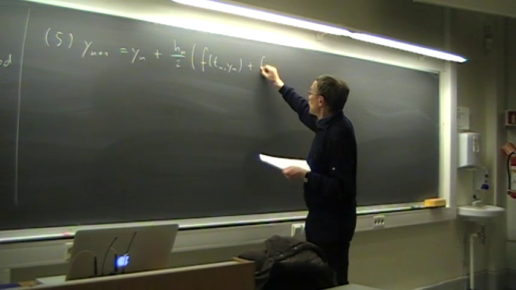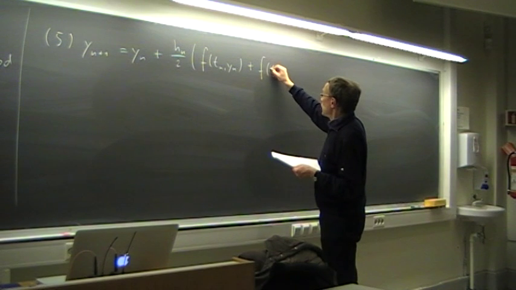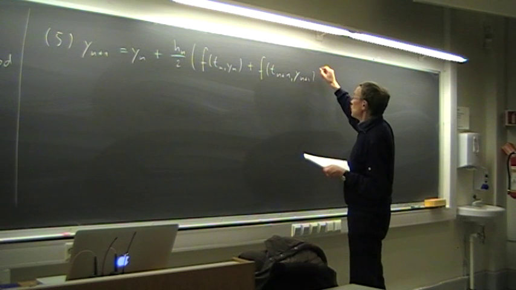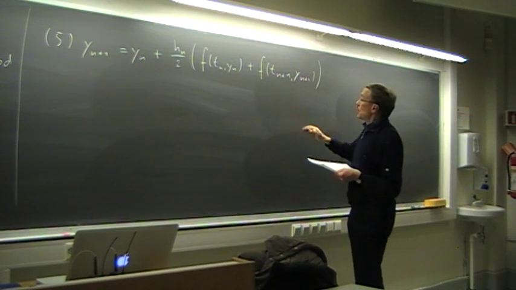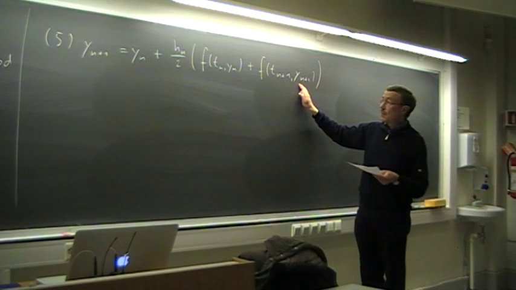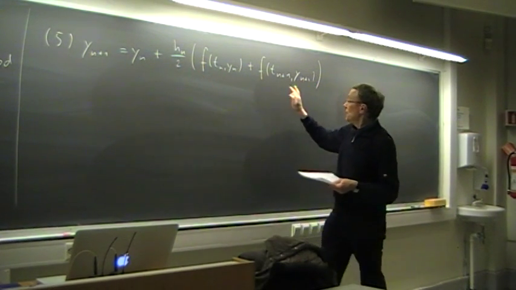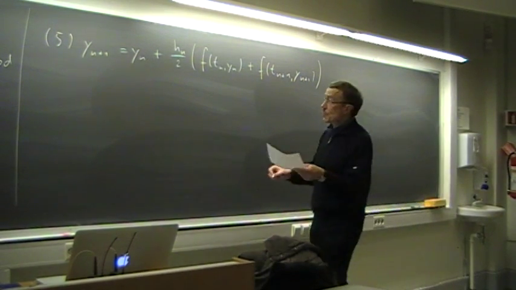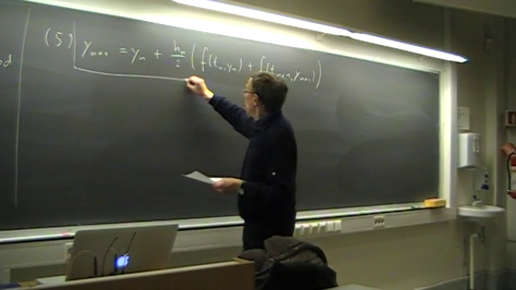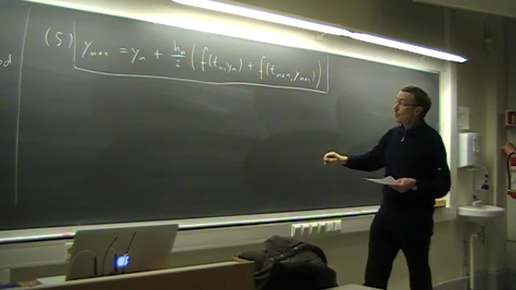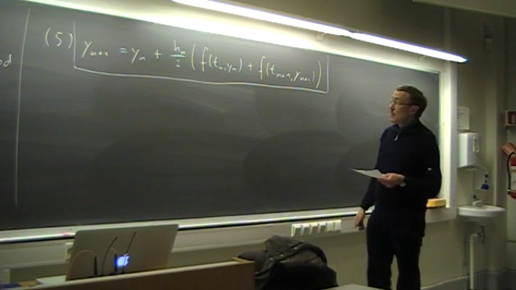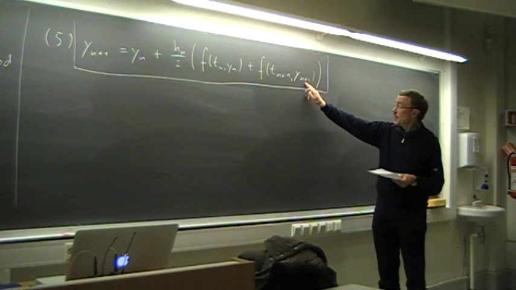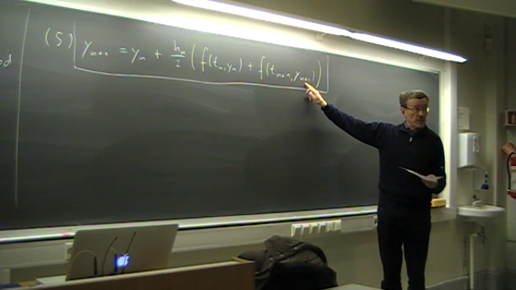But now we add also the function evaluated at the new time with a new solution that we do not yet know. And if we just would take away the half, we would have the implicit Euler method. So then you see here that is what we argued in the beginning, the arithmetic average of the explicit Euler method and the implicit Euler method. But since it contains this here, it is an implicit method.